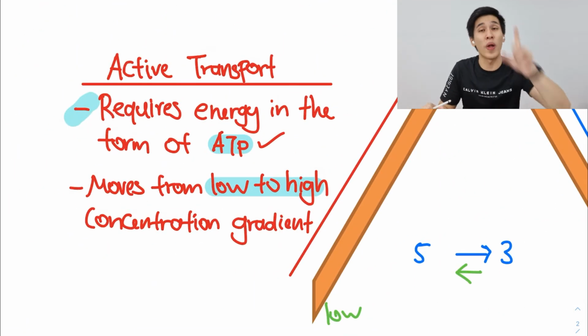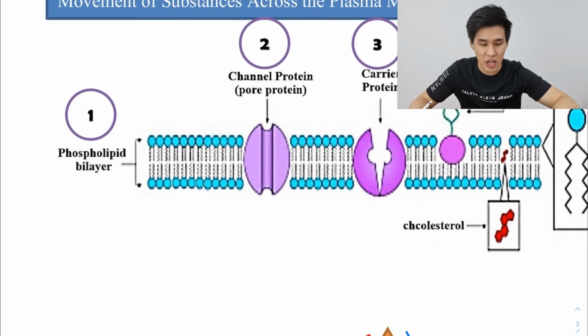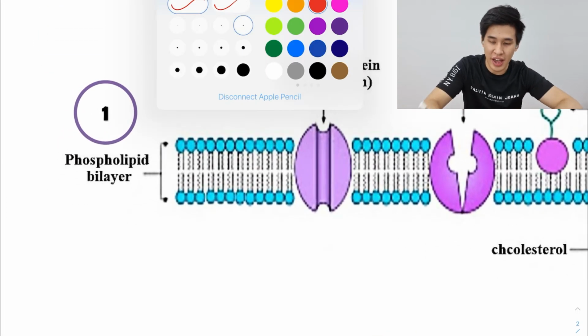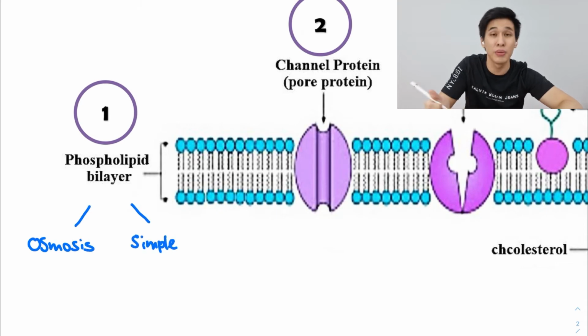Active transport only has one type, we just call it active. Now we come here: the phospholipid bilayer. There are two types of transport that can take place here, the two easy ones you learned previously in Form 3: osmosis and simple diffusion.